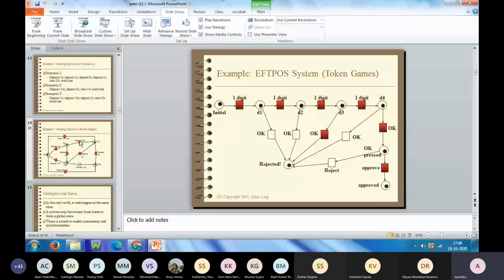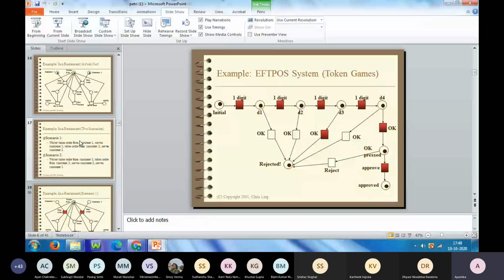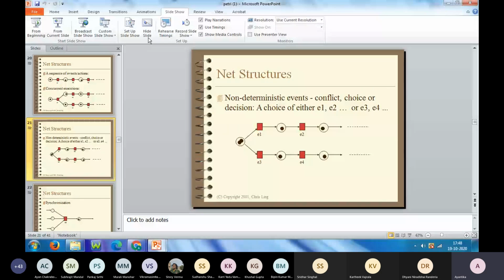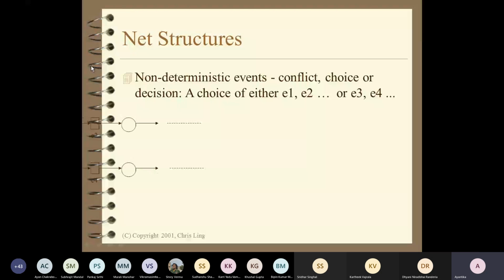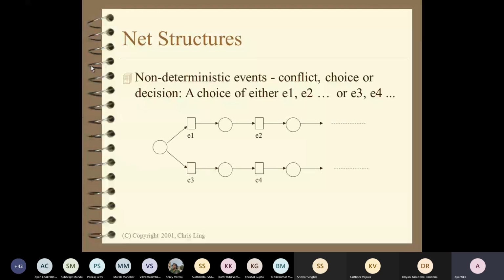You can all go through them, but what is important is that when we talk about net structure in comparison to FSM, we can think of this type of concurrent path, and we can see in which state the token is moving. That means concurrency can easily be modeled with this net structure.